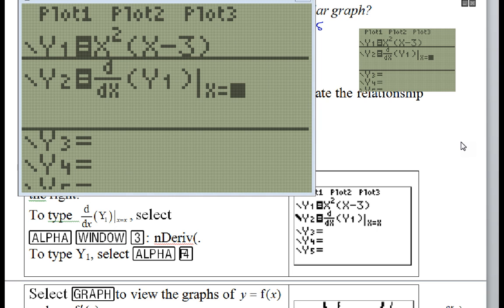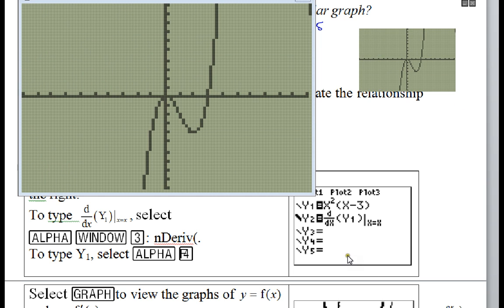So let it be x. And then let us differentiate the two. One is a thicker line, one is a thinner line.